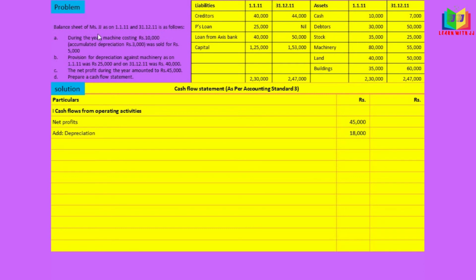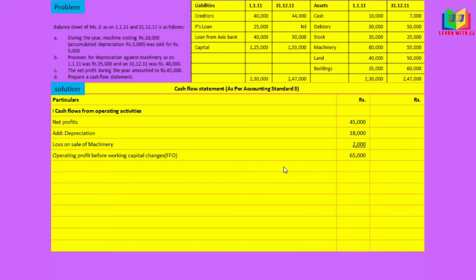That should be written here, not this accumulated depreciation. This depreciation we found in the provision for depreciation account, that is to be written here, okay. Loss on sale of machinery we found, no, that 2,000, okay. If we add this, we'll get the operating profit, that is funds from operation, 65,000, okay.